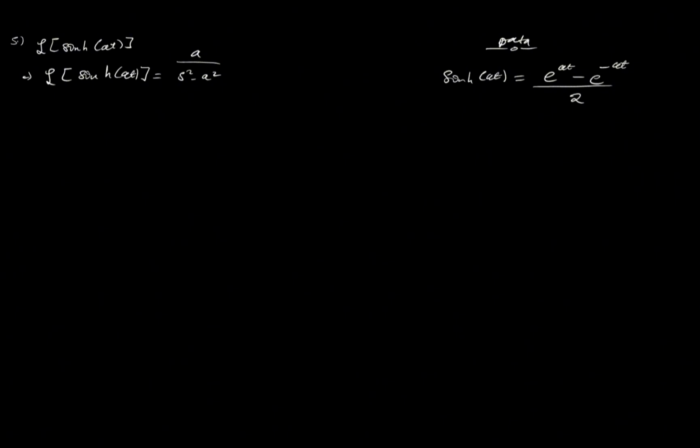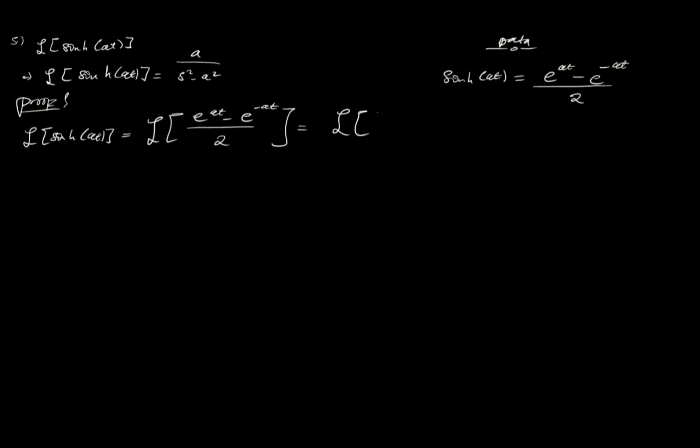This implies that if we are applying a proof, then the Laplace of sinh at will be equal to the Laplace of e to the at minus e to the minus at over 2. This can be broken down into the Laplace of e to the at over 2 minus the Laplace of e to the minus at over 2.